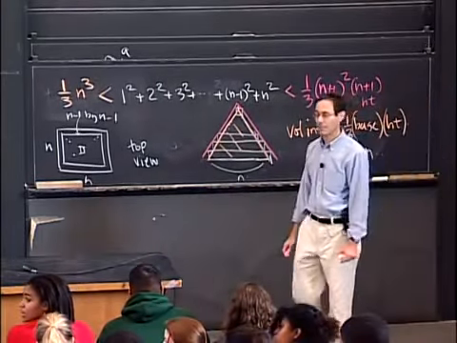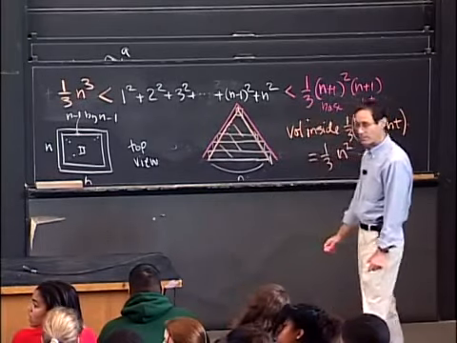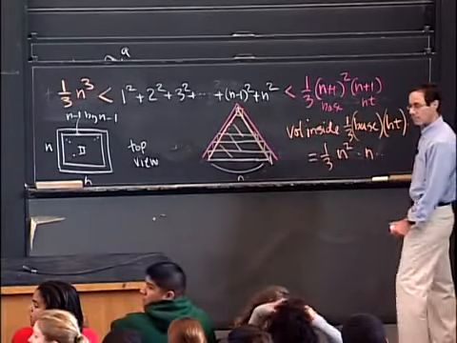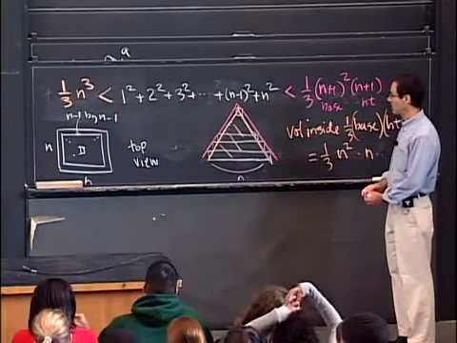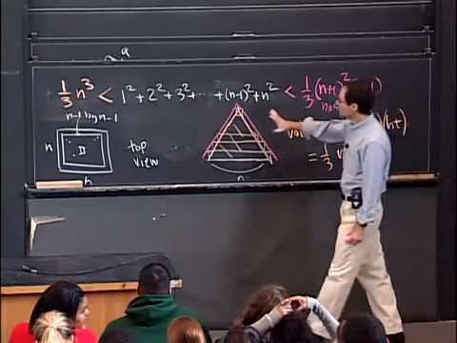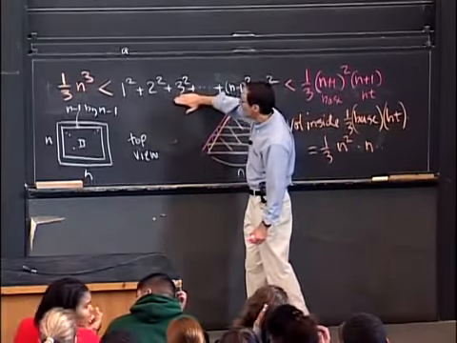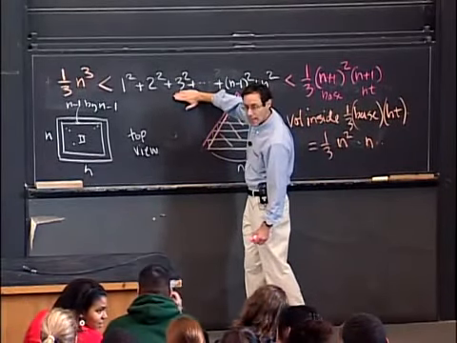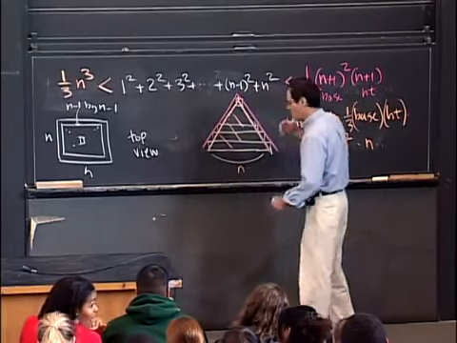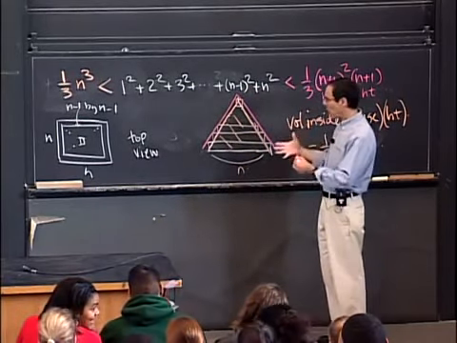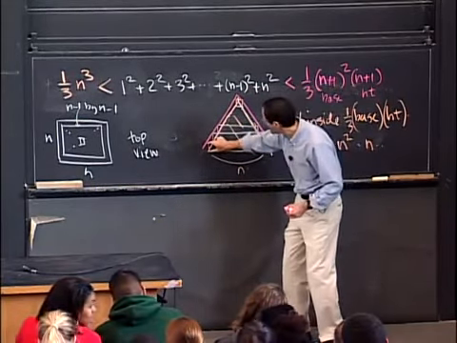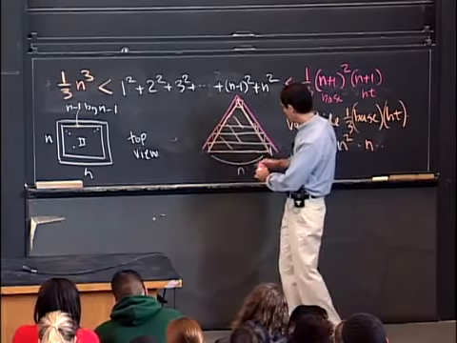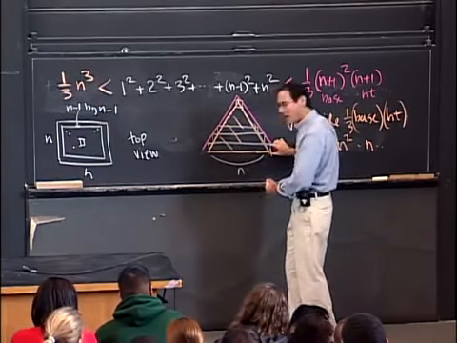Yes, question? You're adding up areas with the white in the center of your inequality and then equating it to volume. The question is, it seems as if I'm adding up areas and equating it to volume. But I'm actually creating volumes by making these honest increments here. That is, the base is n, but the height is 1.